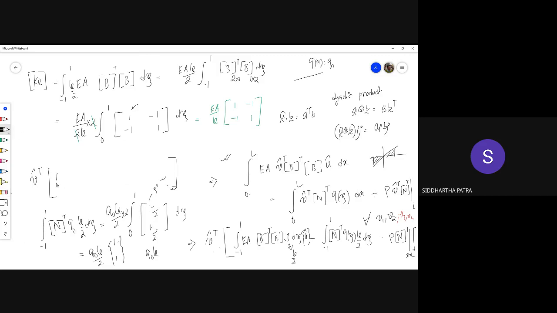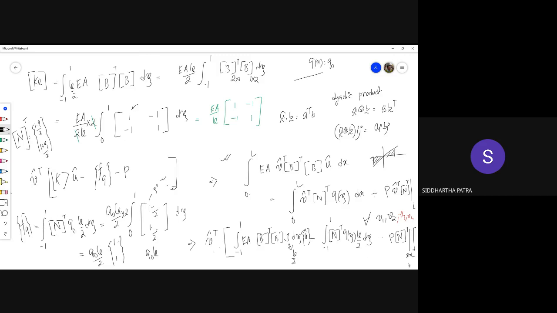So in the end, you have the stiffness matrix times U hat, minus, this one we would call the force vector due to the distributed load, minus FQ, and then the next term is P times, now this N matrix, rather N transpose matrix, which is 1 minus xi divided by 2 and 1 plus xi divided by 2.